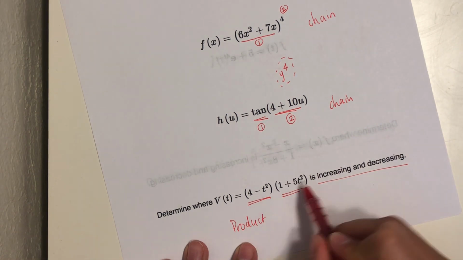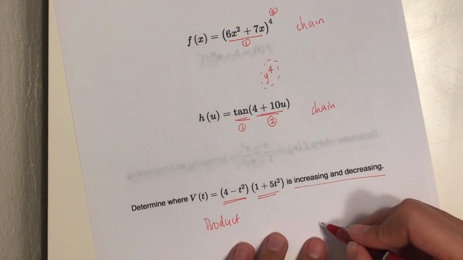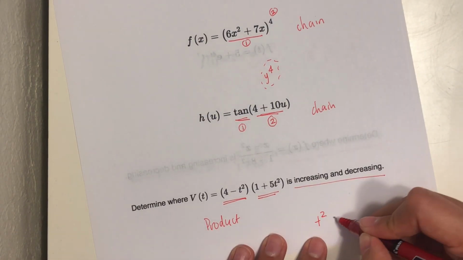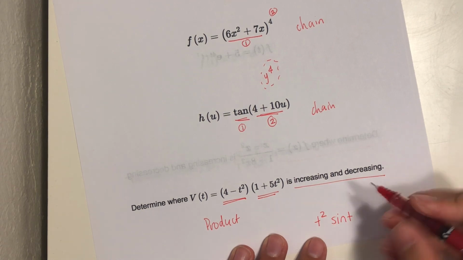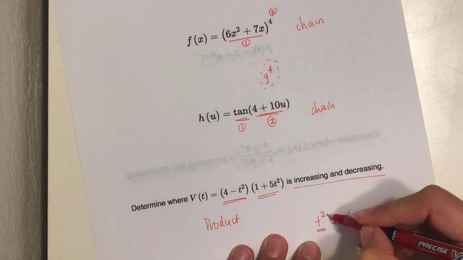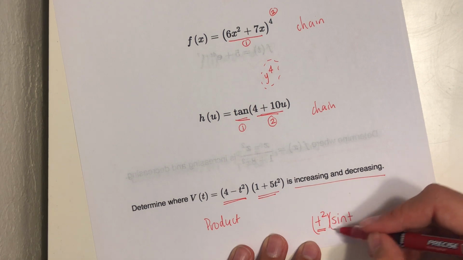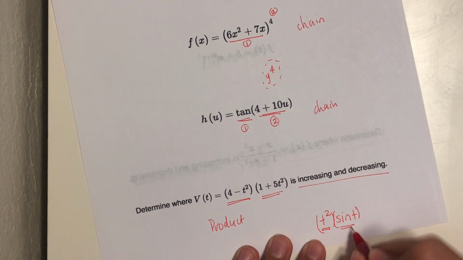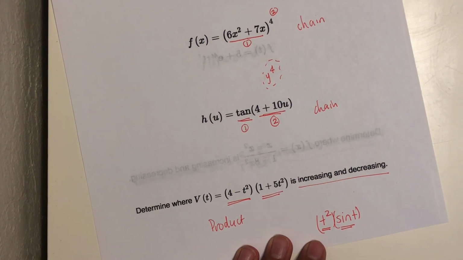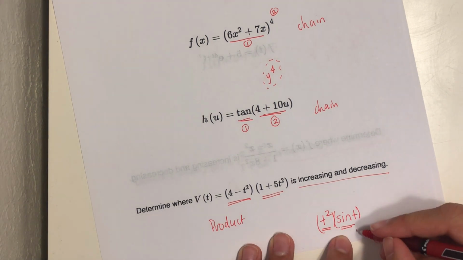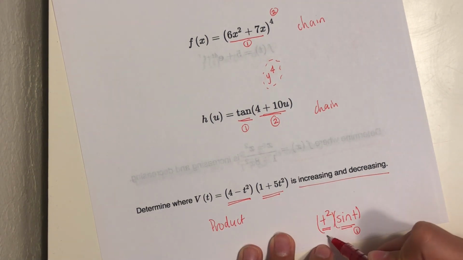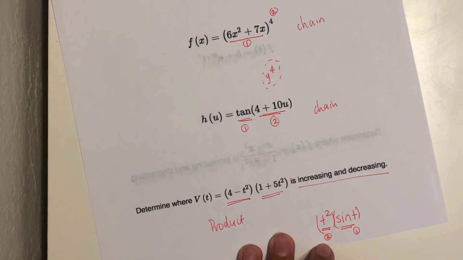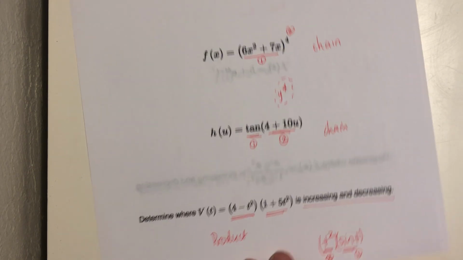This one was nicely separated by parentheses, but it could be anything like t squared times the sine of t, because here's one function, t squared, multiplied by the sine function. The sine function is its own function and the t squared is its own, and they're being multiplied together.